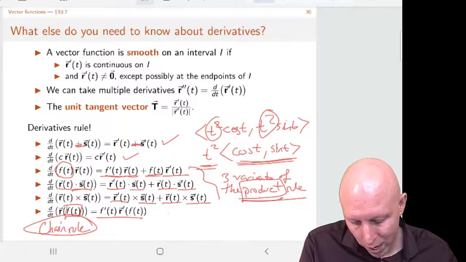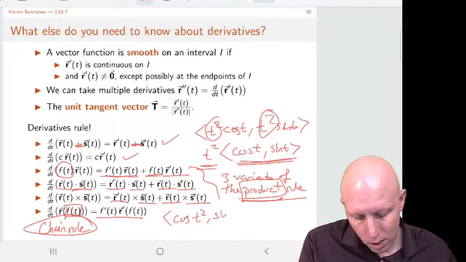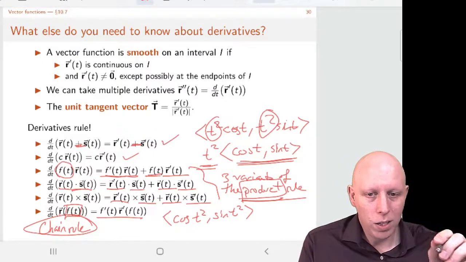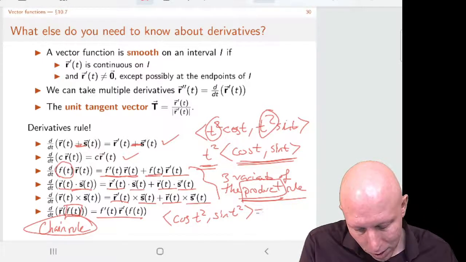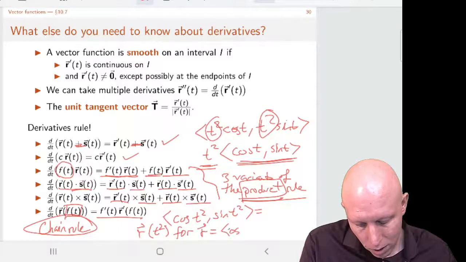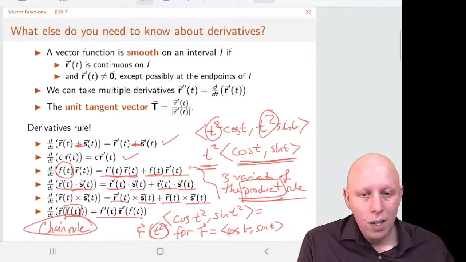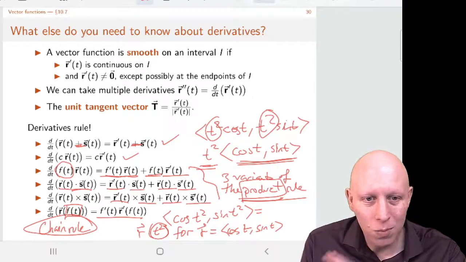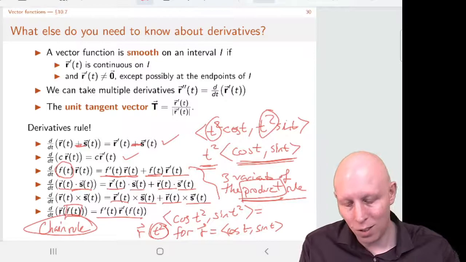So for example, if we had cosine of t squared comma sine of t squared, this is r of t squared for r equal to cosine of t, sine of t. You plug in the t squared here. If you have that, you can apply the chain rule. If you're comfortable with them in single variable, these should not feel so complicated.